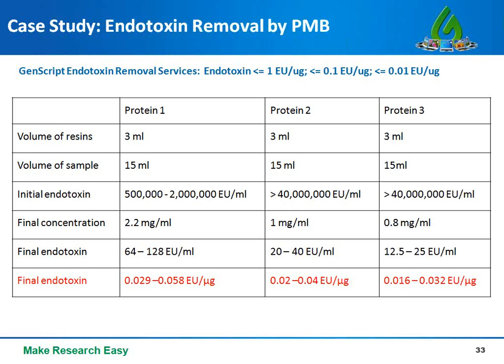If it's required, we could reduce further on the endotoxin level to less than 0.01 EU per microgram. In fact, at GenScript, we offer endotoxin removal services in 3 tiers: endotoxin levels less than 1 EU per microgram, less than 0.1 EU per microgram, and less than 0.01 EU per microgram. You can choose either one based on your application need.